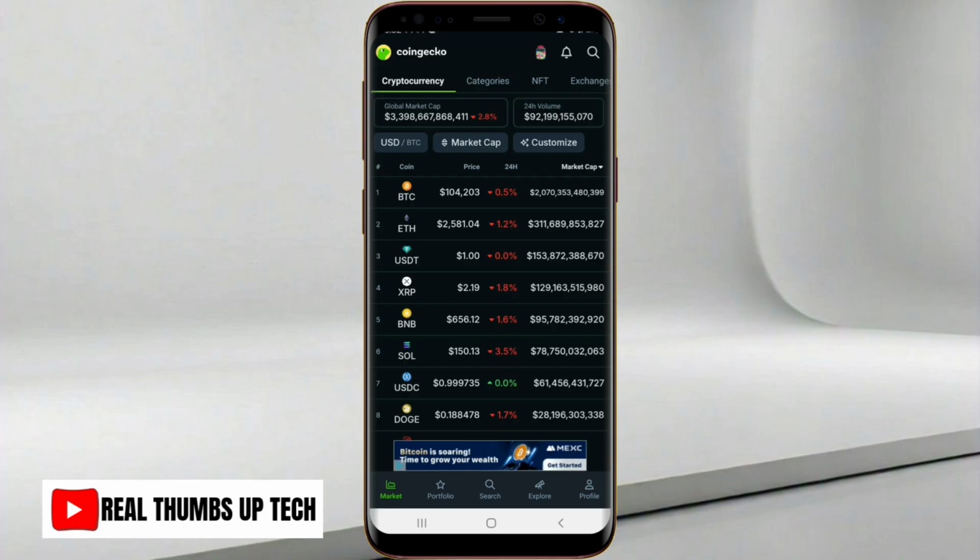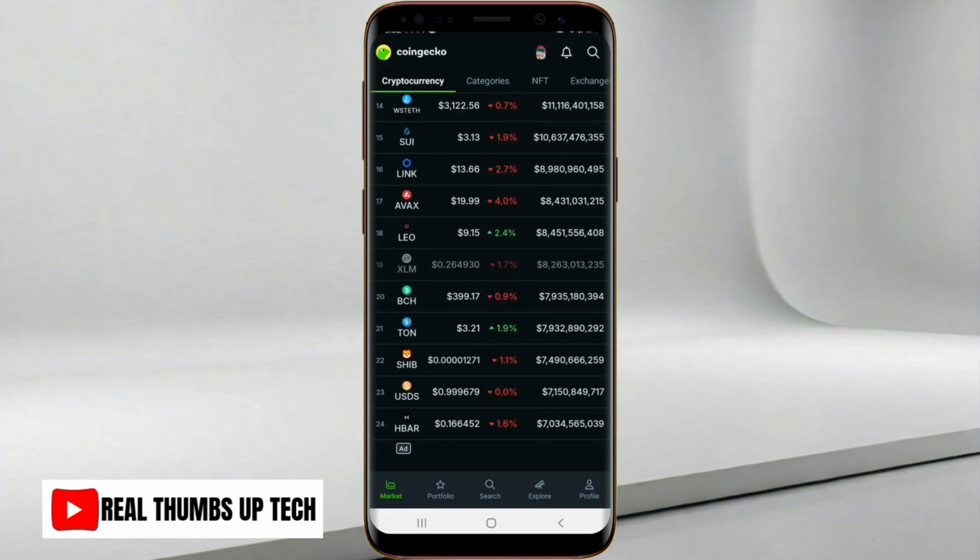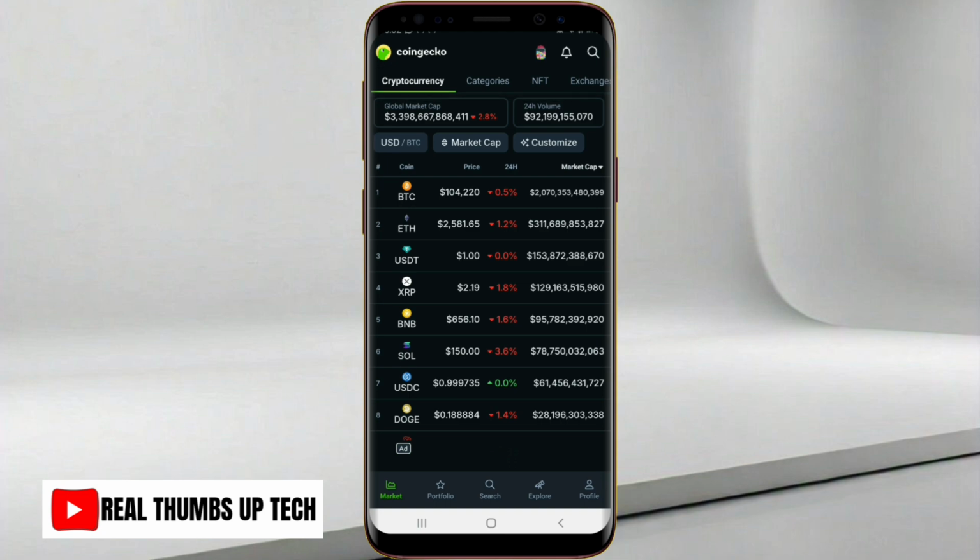There are many of them. You will see their prices, the 24-hour change, then you will see the market cap of those coins. On CoinMarketCap, their market cap value is listed below the coins, but here, market cap has a separate column, which is very nice. Now, we are going to look for coins for crypto arbitrage.